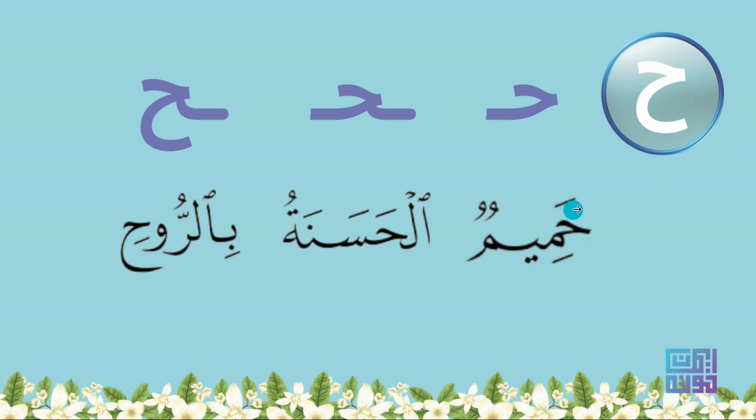So here, this is the head of the letter connected with the meme that comes after it. And the meme also connects from both sides. Here the ha came in the middle, so it's connected with the lam that came before it and the sin that came after it.